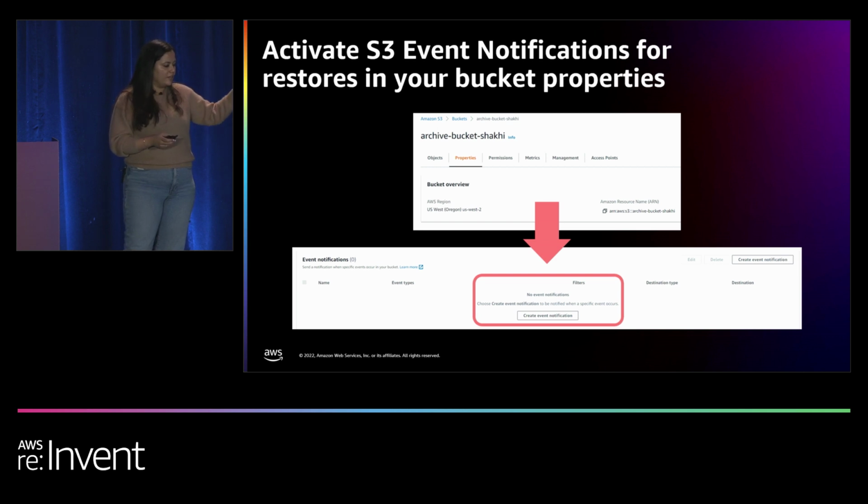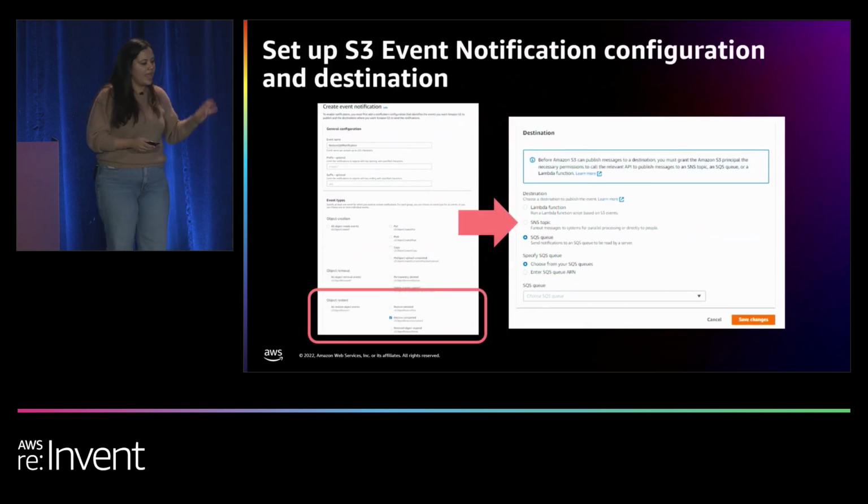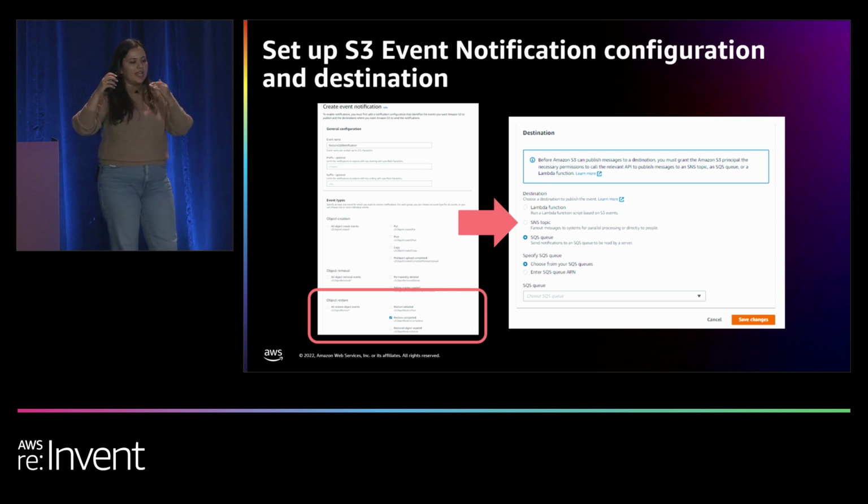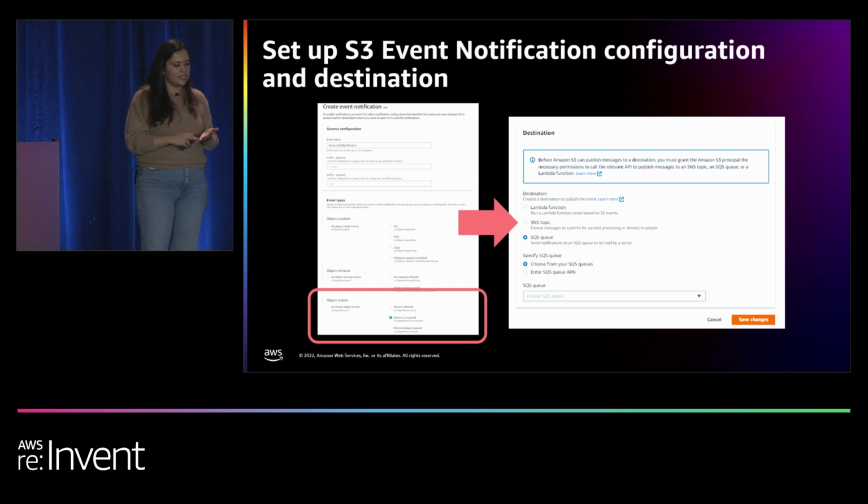You will create an event notification, as you can see on the screen here. And then you can name the event configuration and select object restores there. And finally, you will have to select the destination where you want to send your information of completion of restores. It can be a Lambda function, an SNS topic, or an SQS queue.